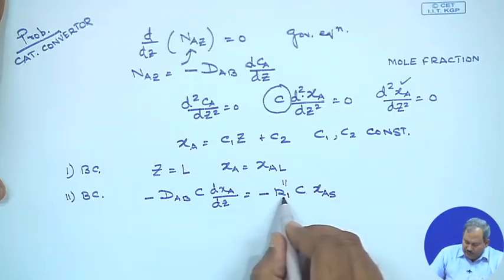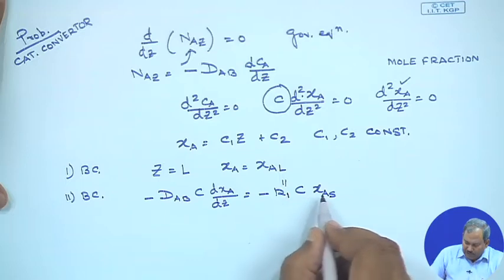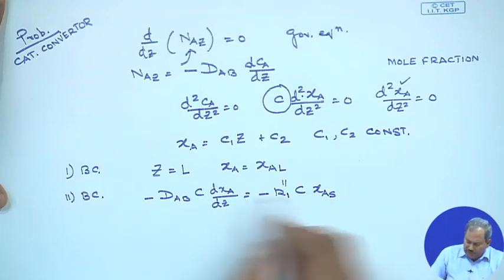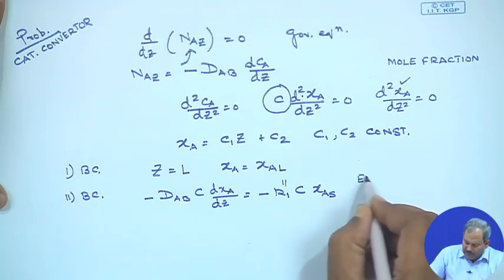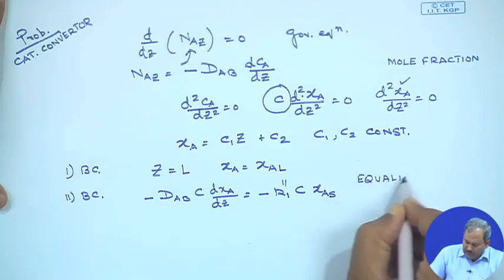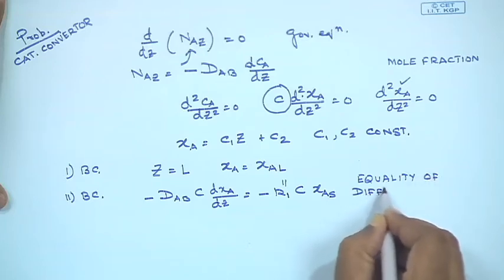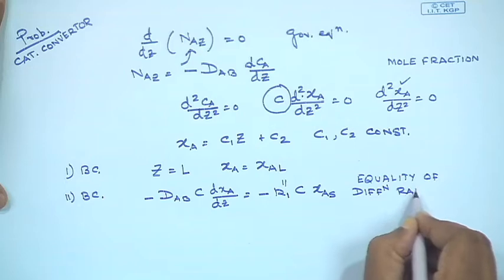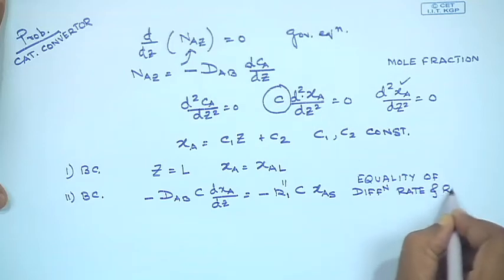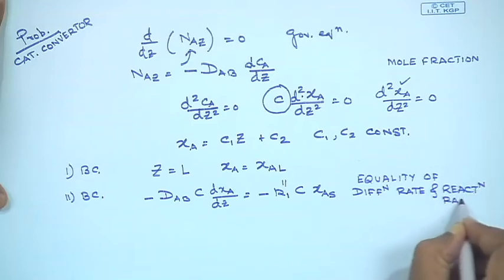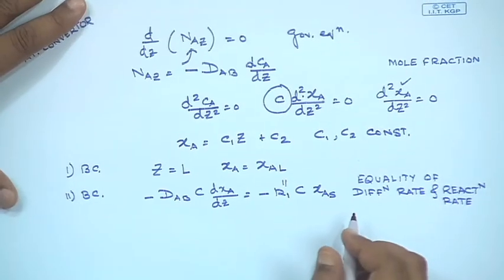So, the reaction rate on the catalyst surface where the mole fraction of component A is equal to XAS and C being the total concentration. So, this is equality of diffusion rate and reaction rate. That is the relevant boundary condition at the catalyst surface.